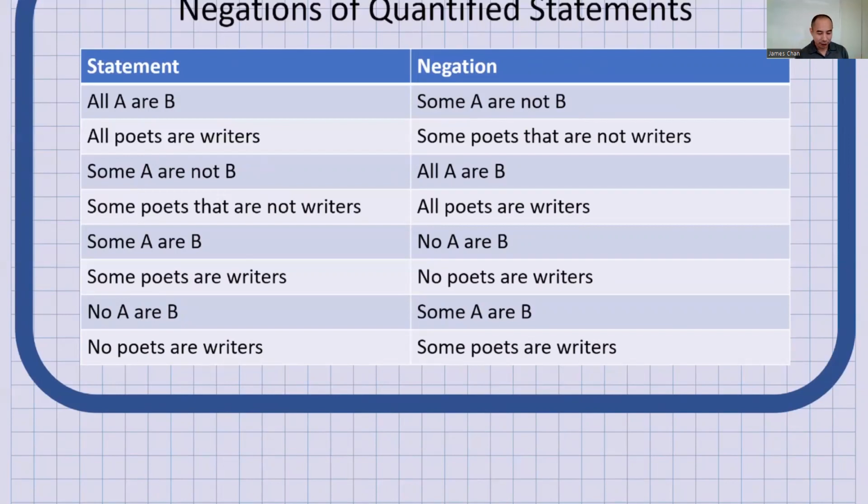So the negation of "all A's are B" is "some A are not B." And the negation of "some A are not B" is that all A are B. Yes, it is.